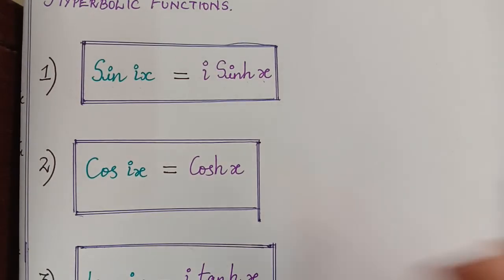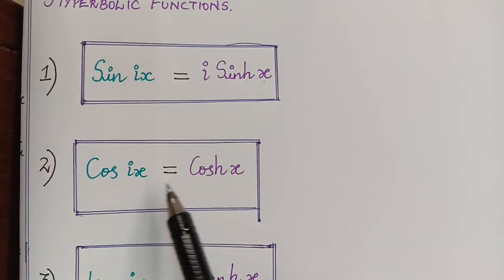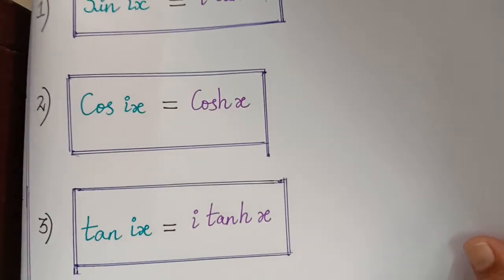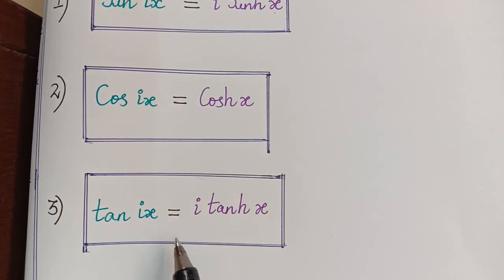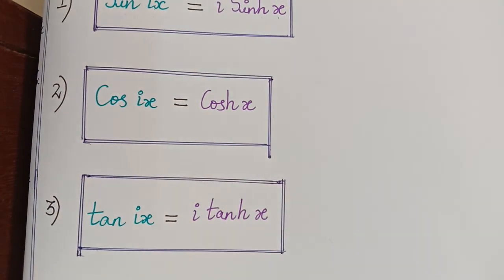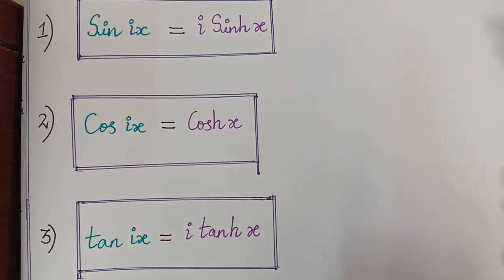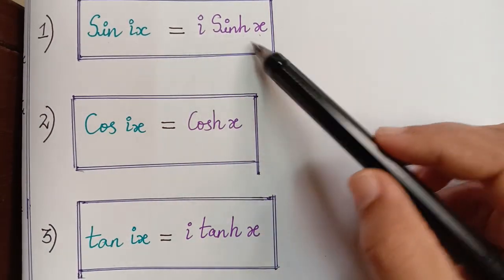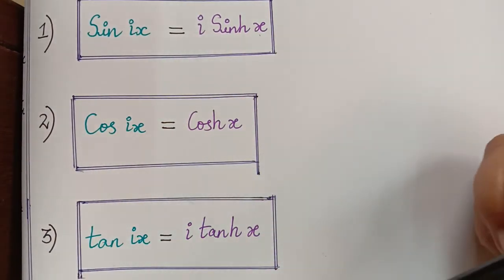And next is cos ix. The formula for that is just cosh x. And then we have the term tan ix, which is equal to i tanh x. So these are the three relations between the circular functions and the hyperbolic functions.